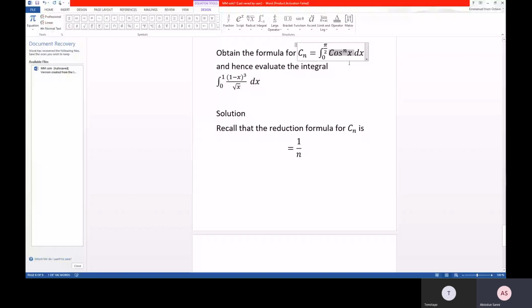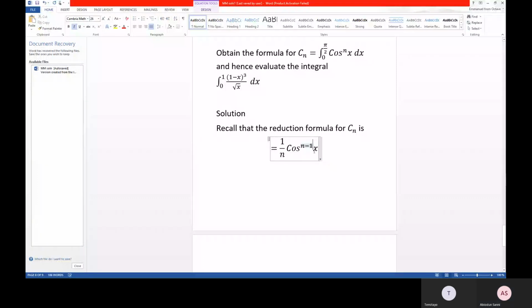So C n is this. The general formula for cos is this. Let me just verify whether I'm doing the right thing here.